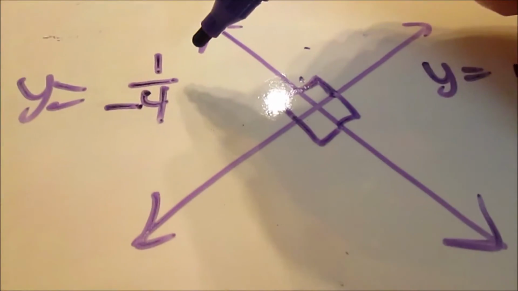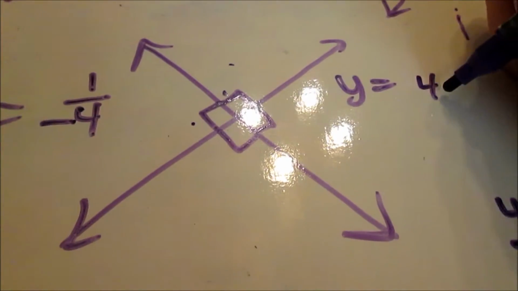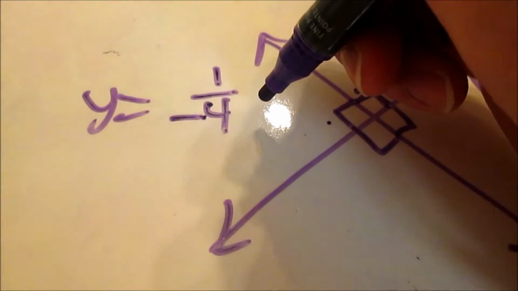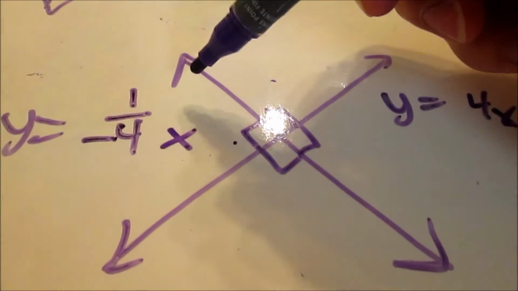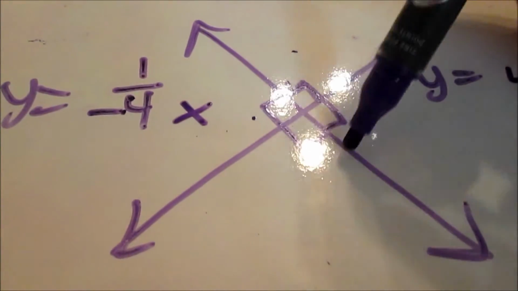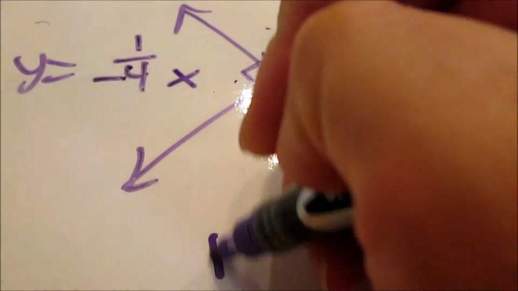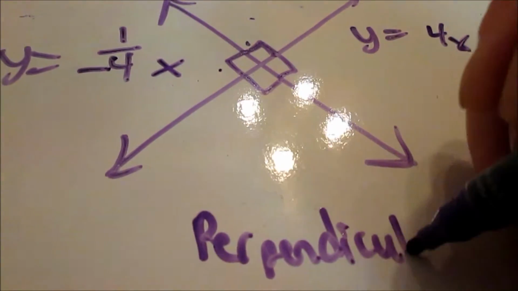That's where I get this 1 over 4. So these two lines, y equals 4x and y equals negative 1 over 4x, will intersect and create 90-degree angles. Hence, they are perpendicular.